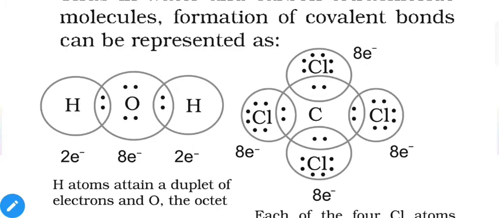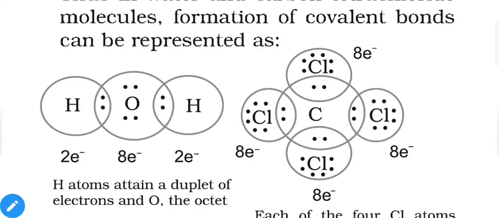In case of carbon tetrachloride, as we can see, carbon has a total of 4 electrons in its valence shell. So it requires 4 electrons to complete its octet. So it will share 4 electrons with 4 different atoms. As we can see, in this case, the 4 different atoms are chlorines, and chlorines require 1 electron to complete their octets.